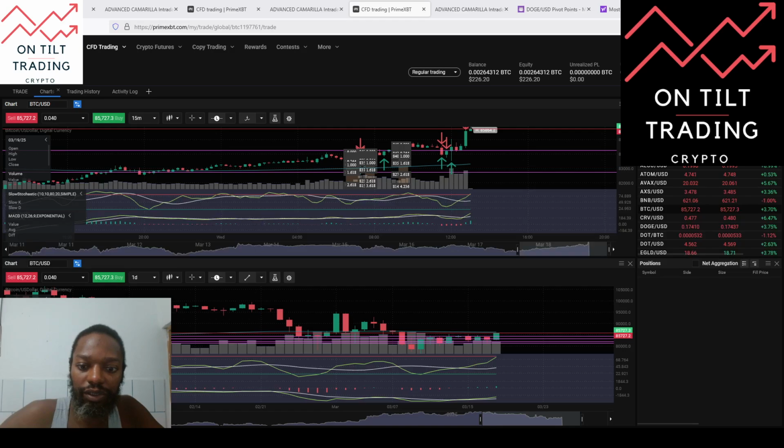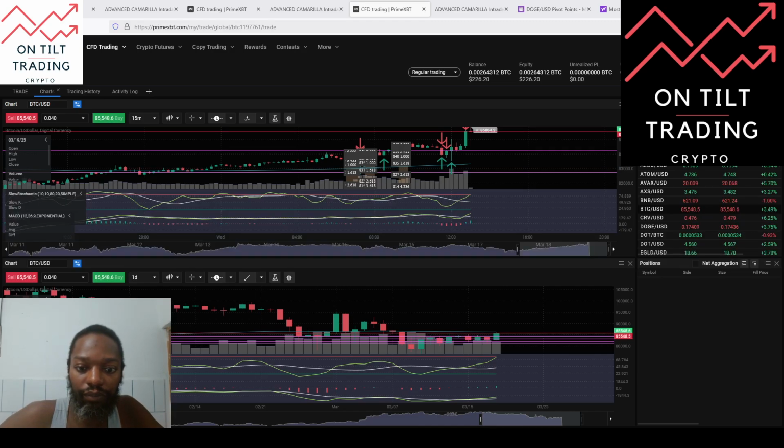The slow stochastic, the slow K, is in an overbought condition. There's buyer momentum, and the MACD is above the average. You can see the 200 EMA is right here, and it seems like Bitcoin wanted to test this level today.